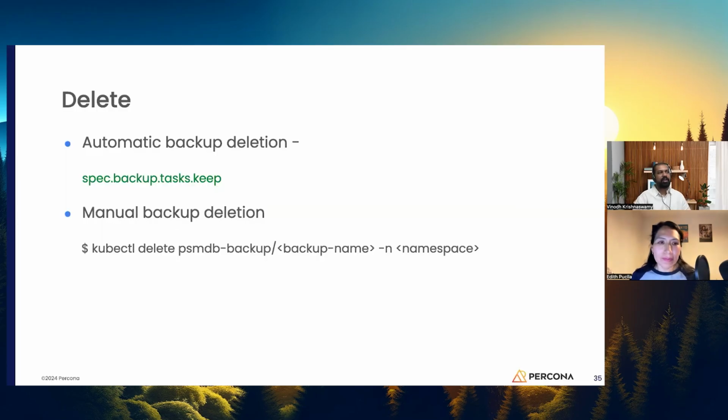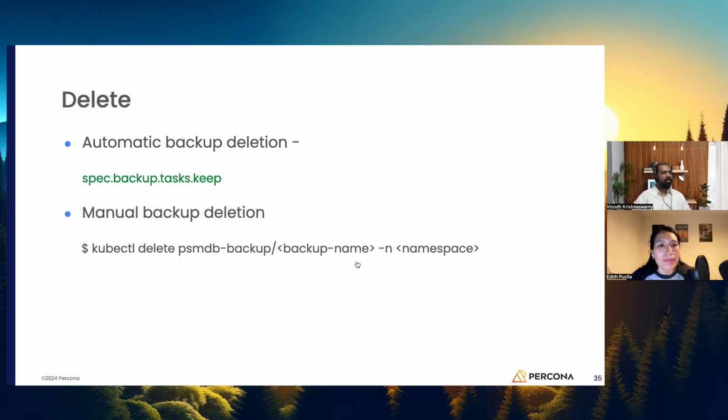If you want to delete the backup, you can always delete it. For example, if you have scheduled backups and want to set a retention policy for 1 week or 10 days, you can mention it in the cr.yaml under task, or else you can delete like this with this command as well.